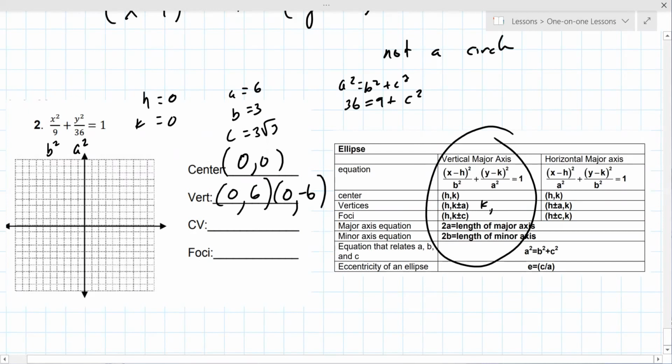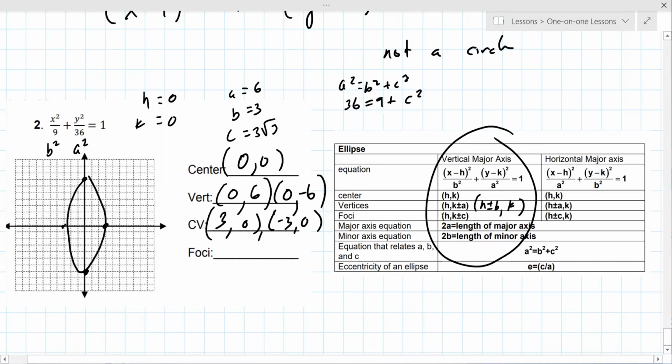It's H plus or minus B, comma K. For some reason, this one doesn't carry the same pattern as the vertices. So it's 0 plus B, 3, comma 0, and 0 minus B, negative 3, comma 0. And those are the 4 points you need: 0, 6; 0, negative 6; 3, 0; negative 3, 0.